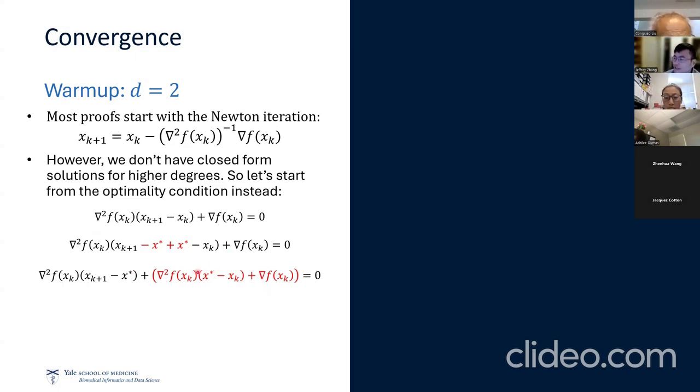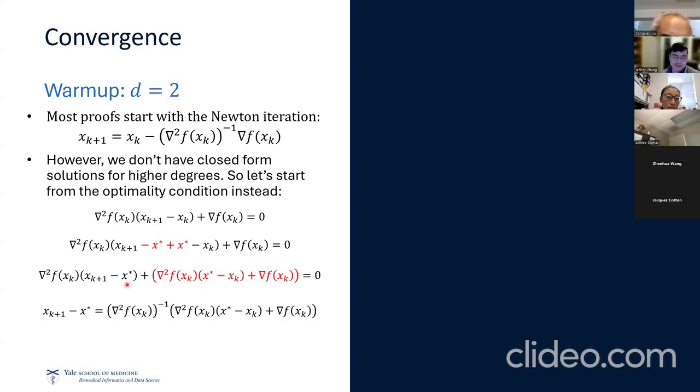So x star is the global minimum, and you separate it out into two terms. One that's the approximation of the gradient at x star, and some other term that looks like this. And the important thing about this term on the right is it has x_{k+1} minus x star, which is eventually where we want to get to because our whole goal is to be able to bound the norm of this particular vector.